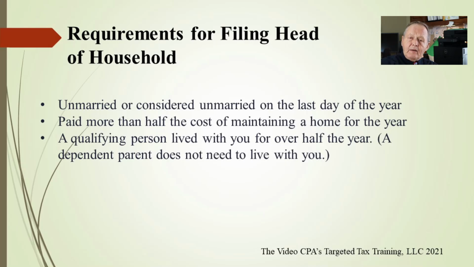And then you've got to have a qualifying person that's lived with you for over half of the year. Now, if it happens to be a dependent parent, they don't have to live with you, but most other people do have to live with you, and there's an exception or two to that. So those are the three requirements: unmarried on the last day of the year, paid more than half the cost of maintaining a home, and you've got a qualified person living with you.